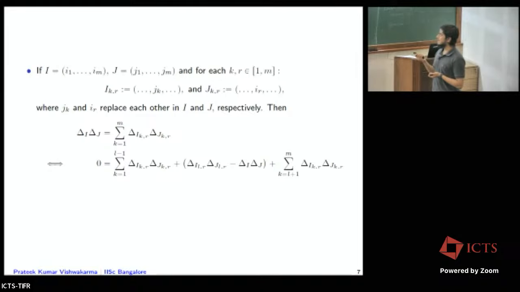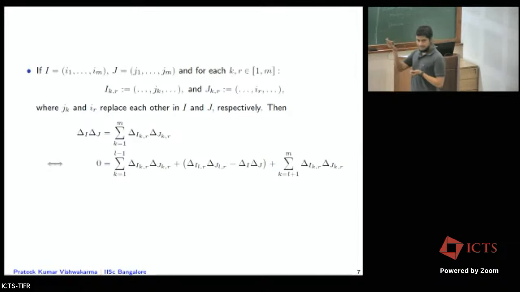Suppose I and J are m-element ordered sets, and then we construct sets I_kr and J_kr in which the elements i_r and j_k replace each other respectively in I and J. Then the Plucker relations are just delta I times delta J equals the sum over k of delta I_kr times delta J_kr.